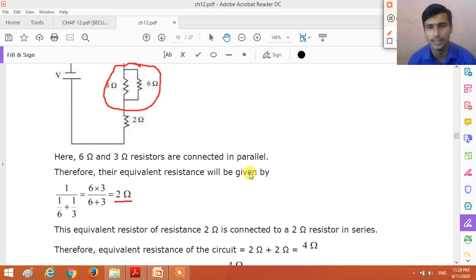We can calculate it directly by this formula. The equivalent resistance R is equal to R1 into R2 divided by R1 plus R2.